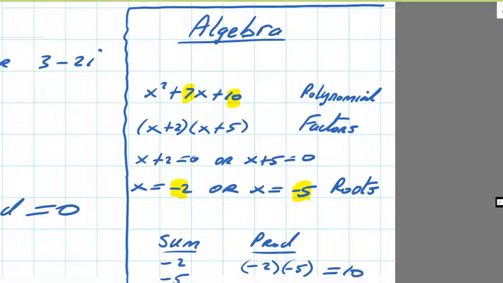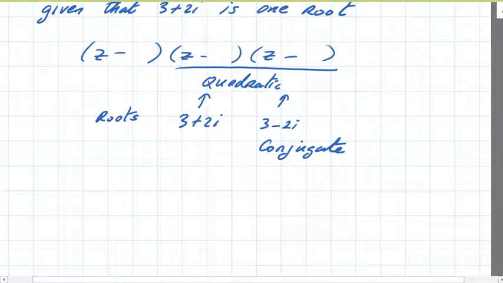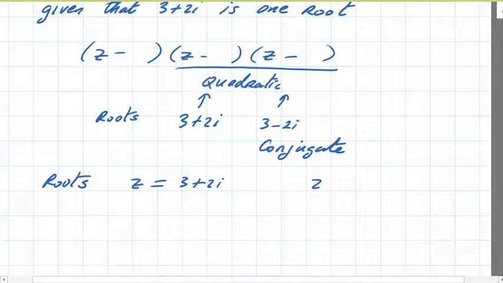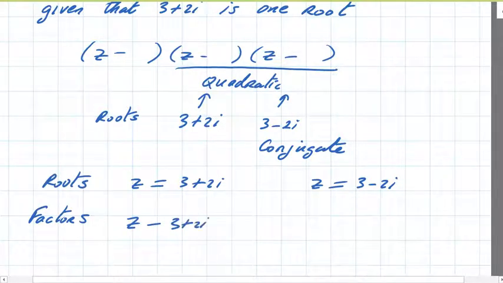Now back here, use the same logic. If the roots are z equals 3 plus 2i and z equals 3 minus 2i, well, then the factors are, you just change the sign. Z minus 3 plus 2i, and z minus 3 minus 2i.